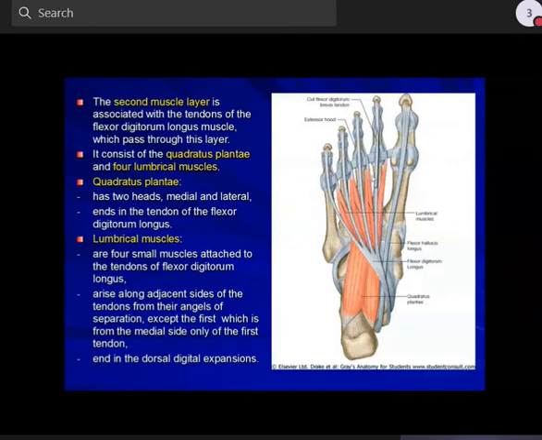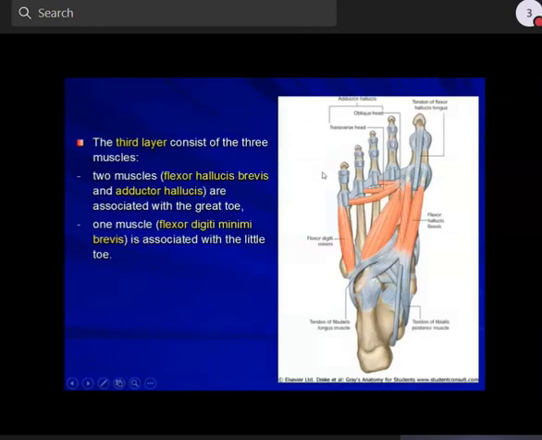And 4 lumbricals contribute to the extensor hood. So layer 2 consists of the quadratus plantae posteriorly, 4 lumbricals anteriorly, both to do with the flexor digitorum longus.